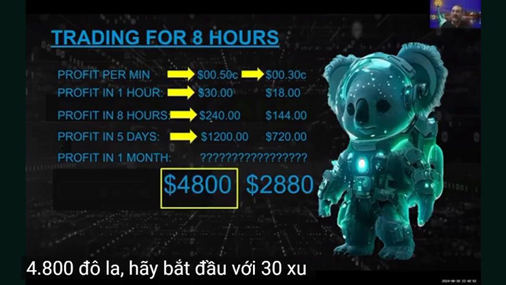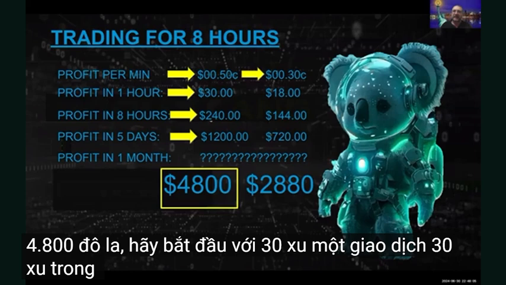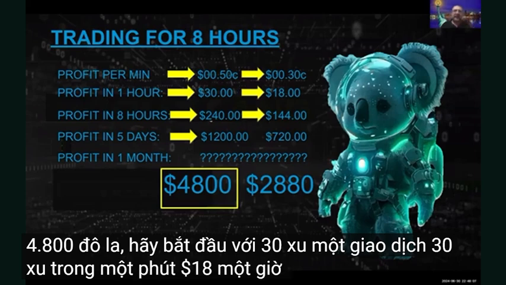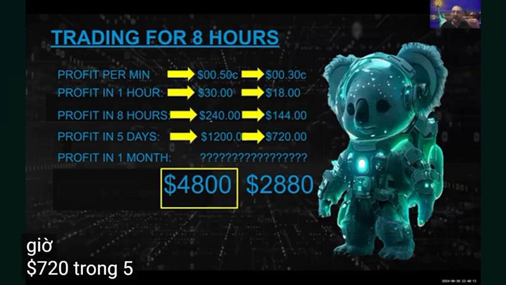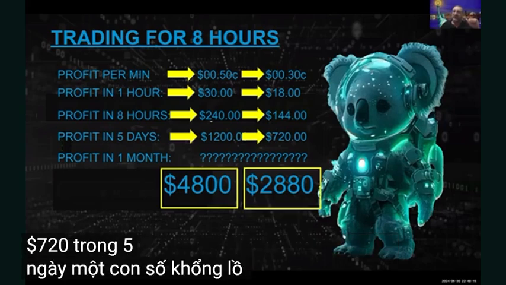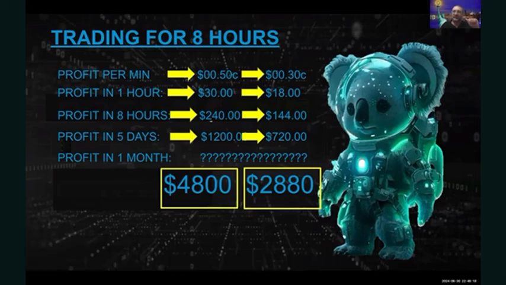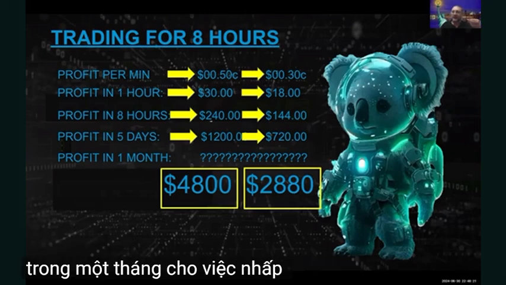Let's go with 30 cents a trade, 30 cents in a minute, $18 an hour, $144 over 8 hours, $720 over 5 days, a whopping $2,880 in a month for clicking a button.